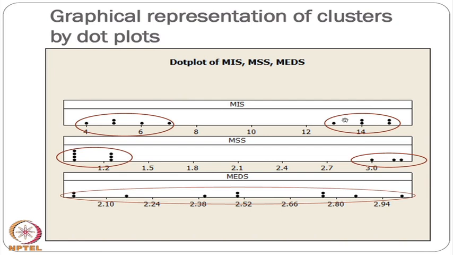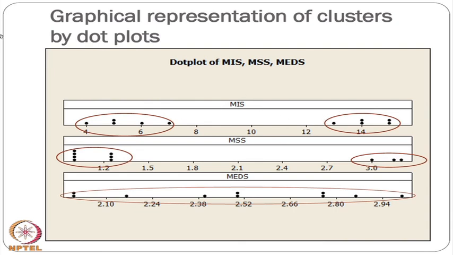So, it is obvious that from mean incidence score point of view, there are some departments which are performing equally, and that is 1, 2, 3, 4, 5 departments here and 1, 2, 3, 4, 5 departments here. Okay. But if you compare any department from here and here, you will find out that there is huge difference in terms of their mean incidence scores.